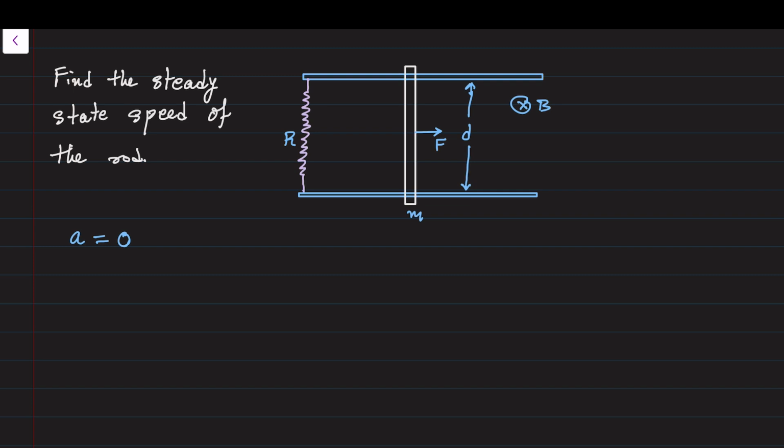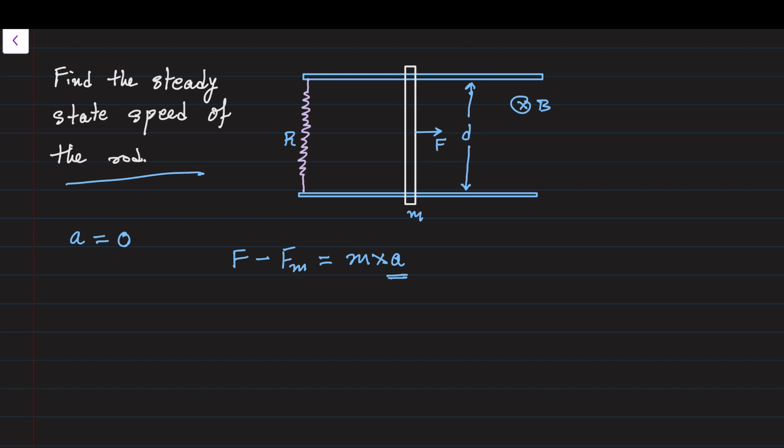If you recollect the first question, the acceleration is given by F minus Fm equal to mass times acceleration. So when the acceleration is zero, what is the speed at that moment? That will be the steady state speed.